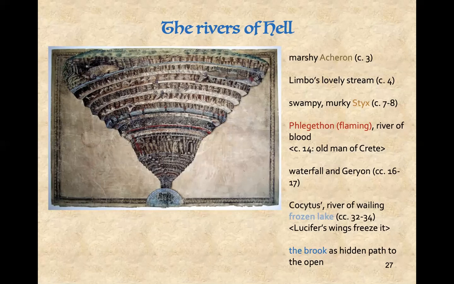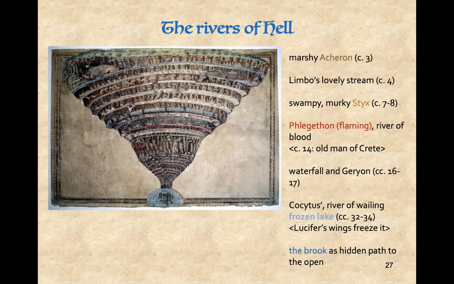Then there is a brief reference to Limbo's lovely stream, but then just next to the walls, or surrounding the walls of the city of Dis, we have the swampy and murky Styx River. And within the circle of violence, we have another river, the river of blood, Phlegethon, the flaming river of blood. And at that point, in Canto 14, Virgil explains to Dante how these rivers are generated, and we will see that in a minute.